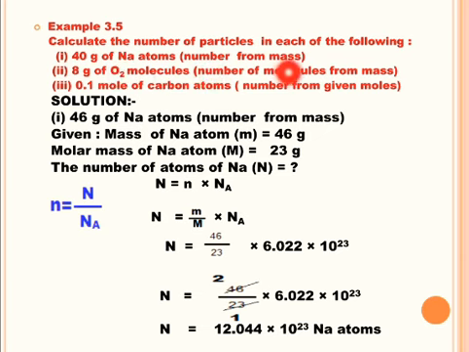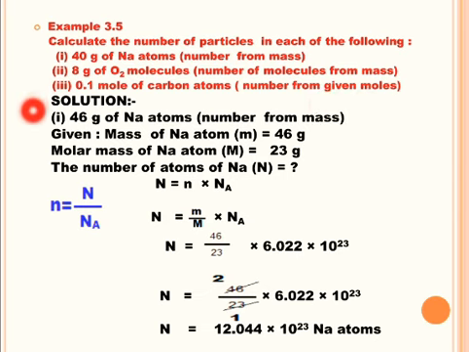Here you have to calculate the number of molecules from mass. And in part 3, calculate the number of particles in 0.1 mole of carbon atoms. Here you have to calculate the number of carbon atoms from given number of moles. So let's find out the solution of each part one by one.